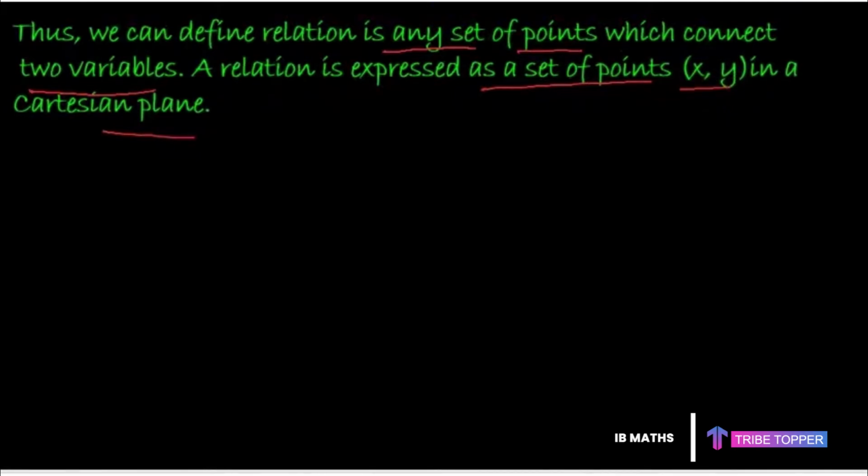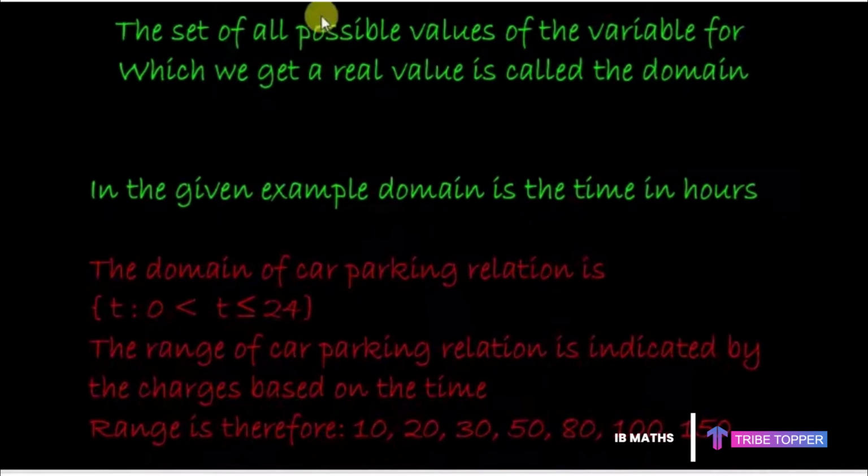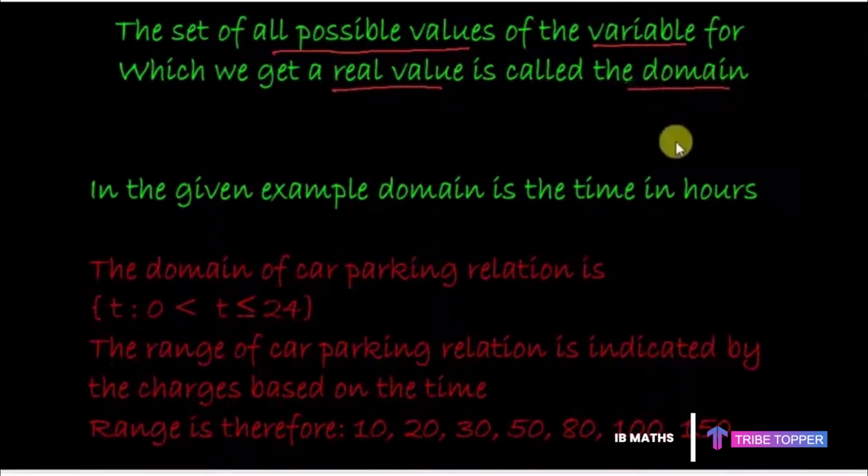That is a relation. And after understanding what a relation is, the next thing that comes up is what the domain and range of a relation are. The set of all possible values that you can put in for the variable, for which of course you get a possible real value, is called the domain. Like you go on substituting all the values of x, as in the given example I took for car parking, time t from 0 to 24 is the domain of the car parking relation.